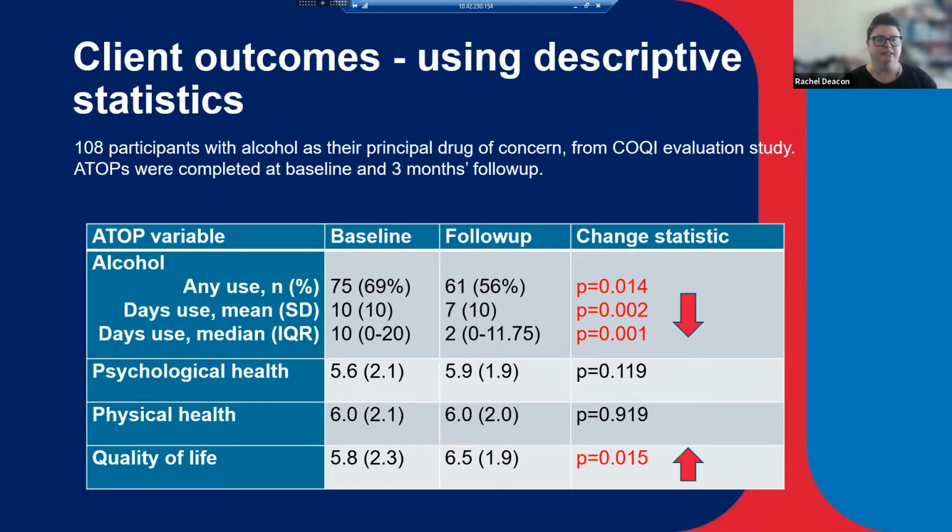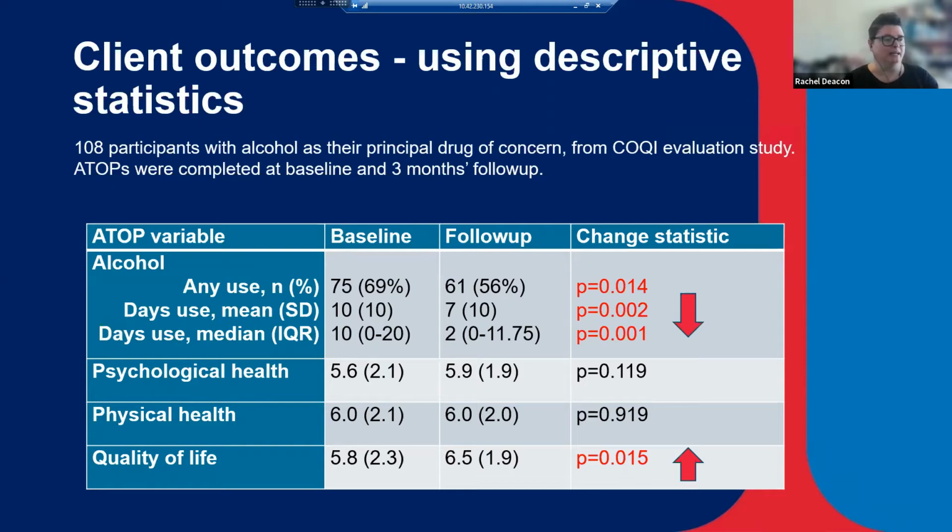In this group, we've got 108 clients. They were enrolled in one of the Koki evaluation studies and had ATOPs completed at baseline when they came in, and then at 3 months. So some of the key ATOP items for these clients were alcohol use, as their principal drug of concern was alcohol, and then psychological health, physical health, and quality of life.